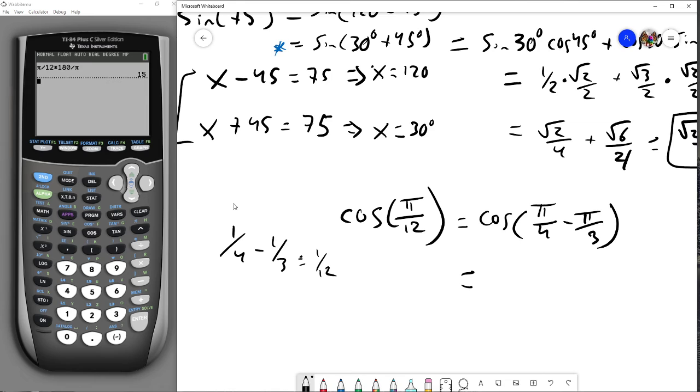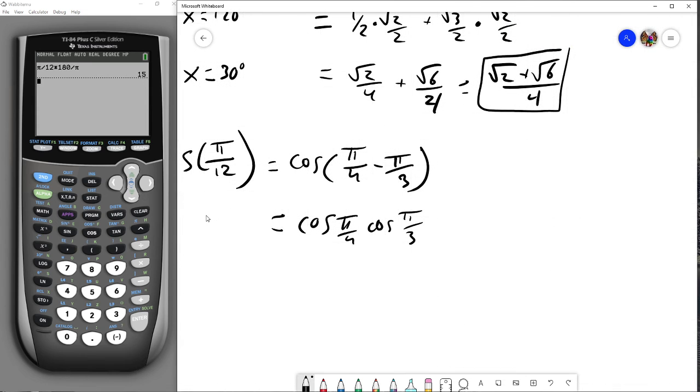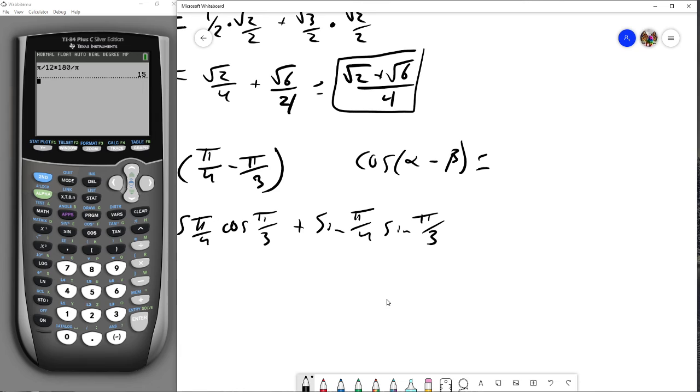And from here, we can just now use our identity. So this has to be cosine pi over 4 cosine of pi over 3 plus sine of pi over 4 sine of pi over 3. So we're using the fact that cosine of alpha minus beta is equal to cosine alpha cosine beta plus sine alpha sine beta.